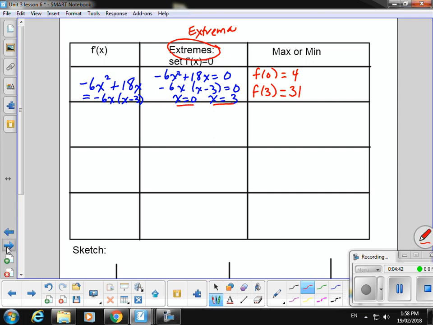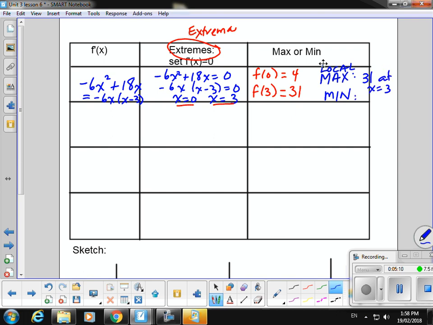Then I need to make a decision. What is my maximum value? What is my minimum value? Is it one of the endpoints or is it one of the extrema? What I see as the largest value in that interval is that there is a local max of 31 at x equals 3.